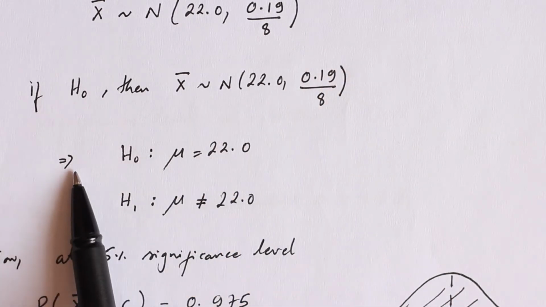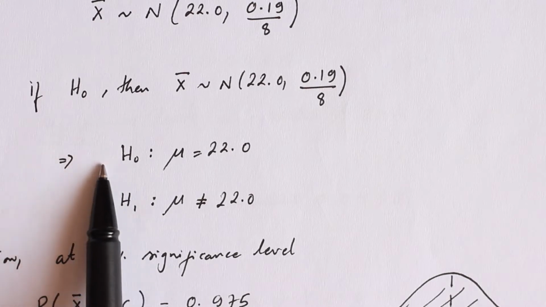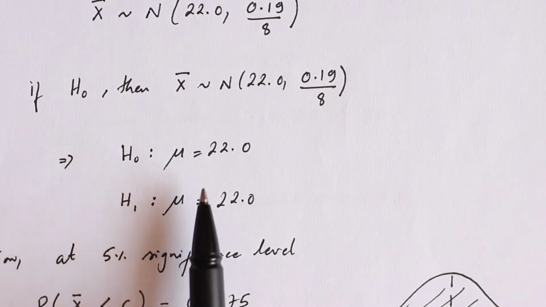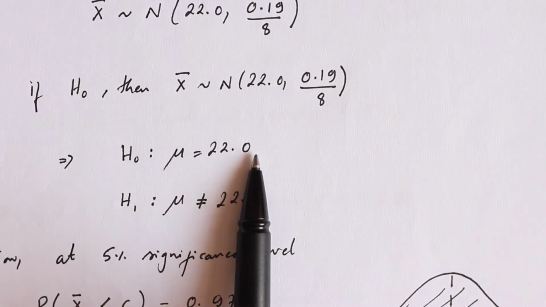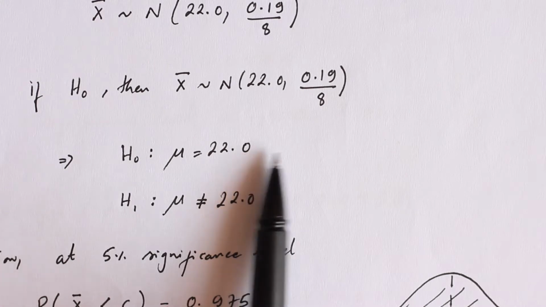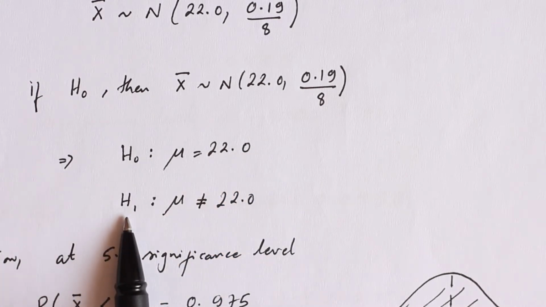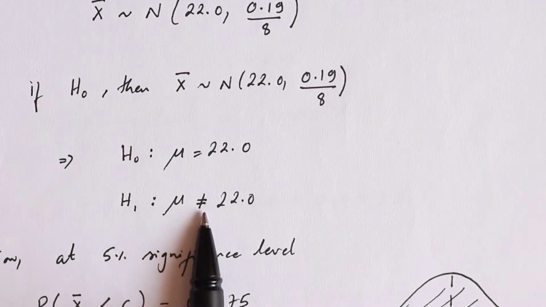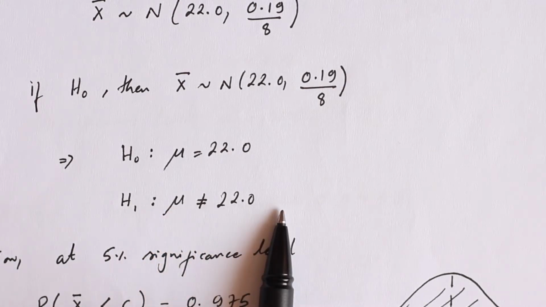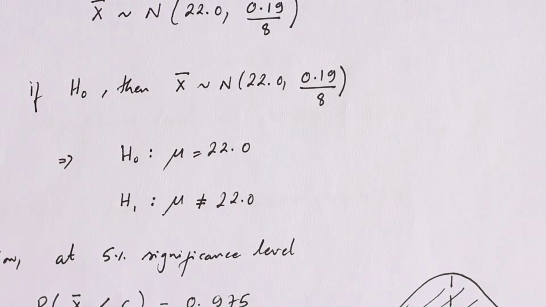Writing it down properly, the null hypothesis is that the mean does not change, meaning the mean is 22.0. And H1 represents that the mean is not equal to 22.0, meaning that the mean has changed, or there's evidence that the mean has changed.